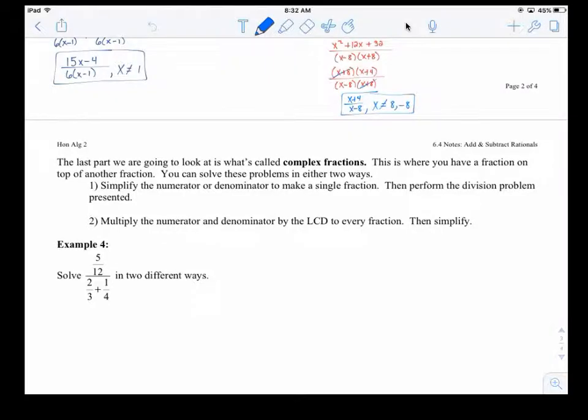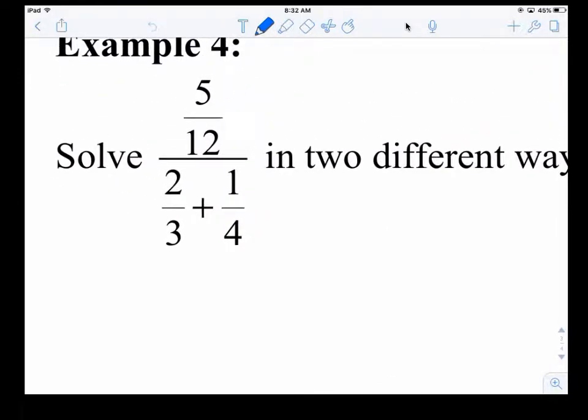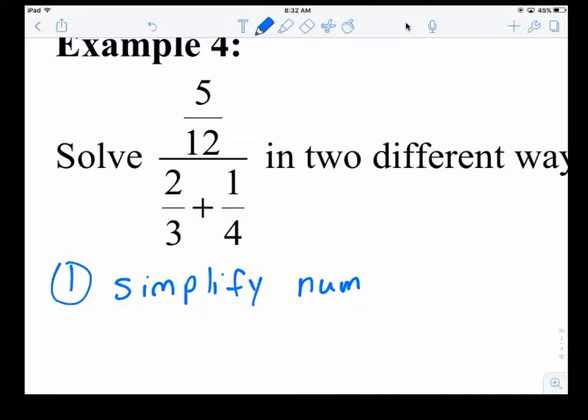All right, so we want to do number 4 two different ways. The first way I want to do it is I want to simplify the numerator or denominator first. So I want to put these two fractions together to make one single term. Common denominator between those two would be what? 12, right?